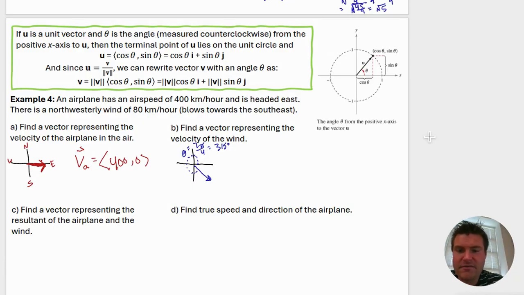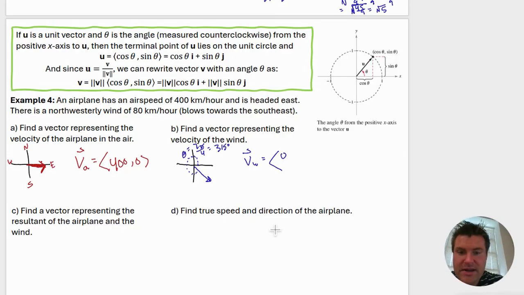So for our velocity of wind, or vector for wind, I'm going to get for the horizontal component there, we know it's going to blow 80 kilometers per hour, so we're going to go 80 times cosine of 7 pi over 4. And then the vertical is going to also be 80 times sine of 7 pi over 4.